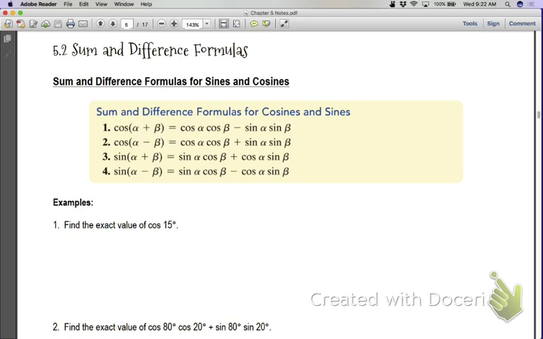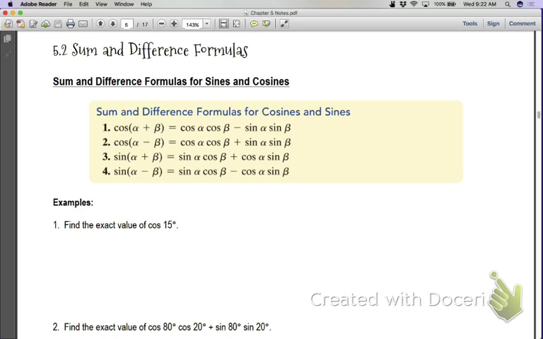So if it's a plus, it's going to be a minus in your actual product and addition or subtraction. Okay, so these two signs are opposite here with a cosine value, but with sine, everything is what it is, and it's going to be the same. So if it's a plus, it's going to be a plus within your formula.